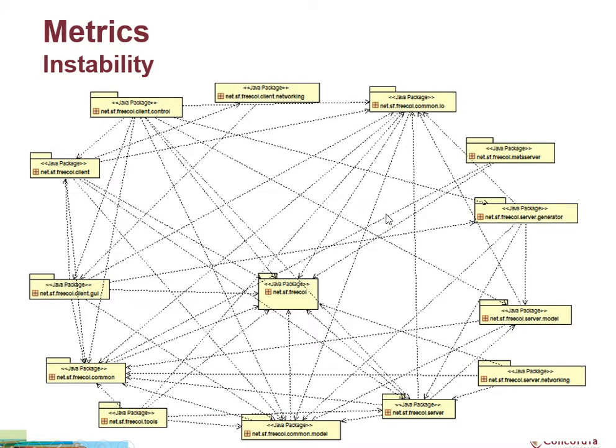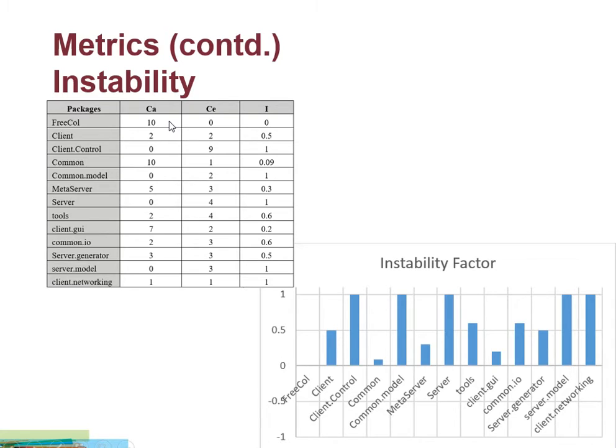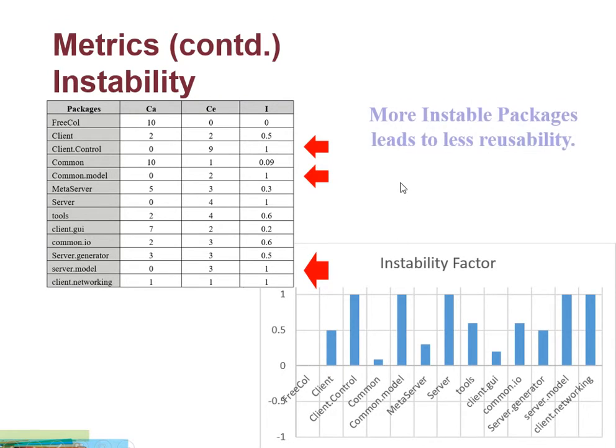And according to these dependencies, we have calculated efferent, afferent, and instability metrics on these packages. And as you see here, we have many packages with instability 1, and the other packages have instability close to 1. So more unstable packages lead to less reusability of the architecture of this software.